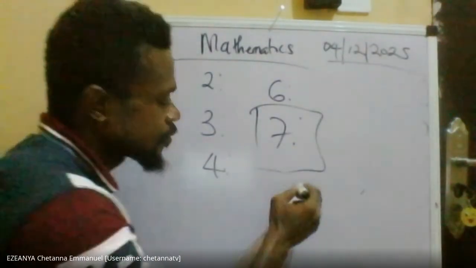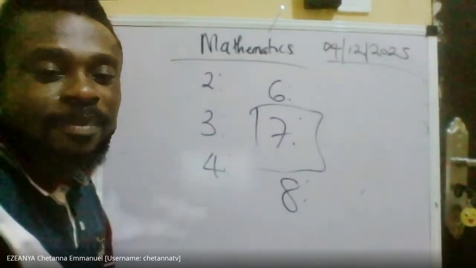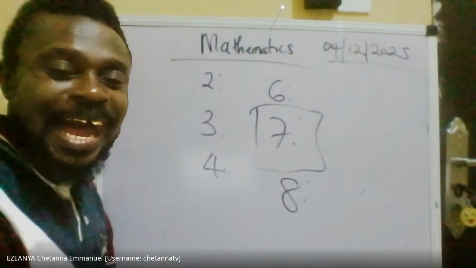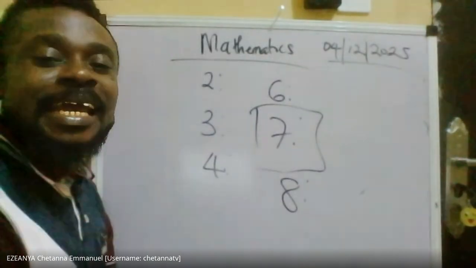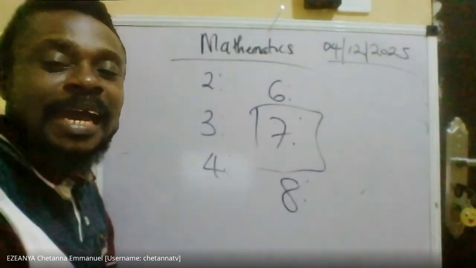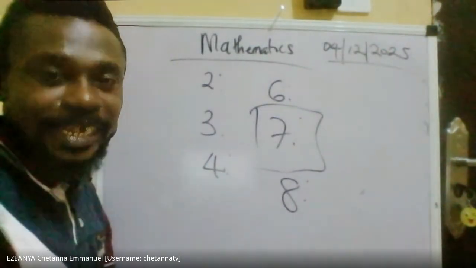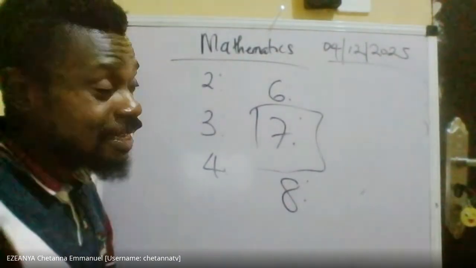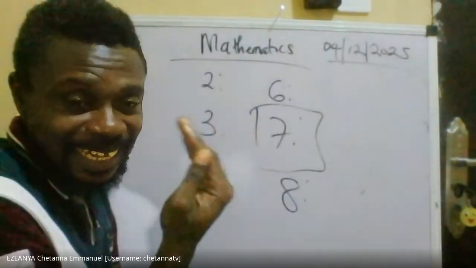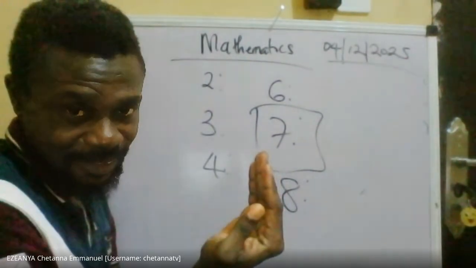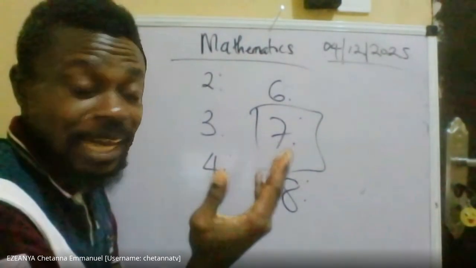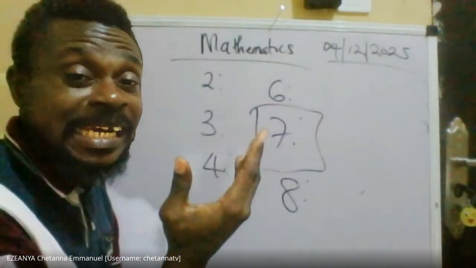8. How do you determine if a number is divisible by 8? If you see any number, check the last 3 digits, depending on the number of digits in that number.